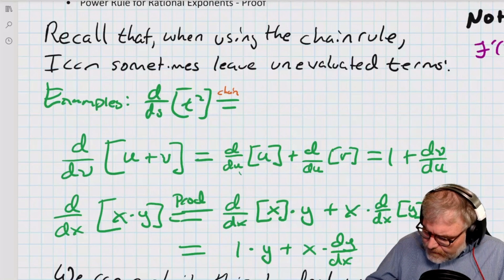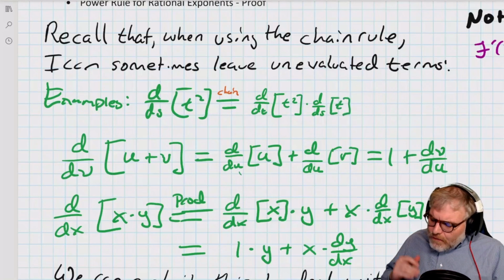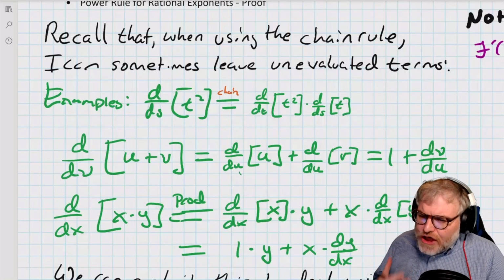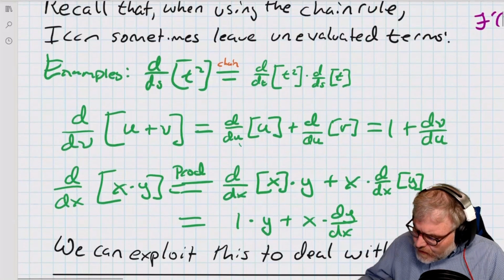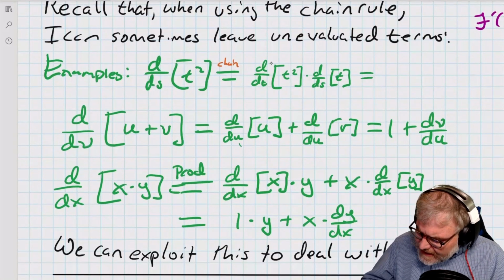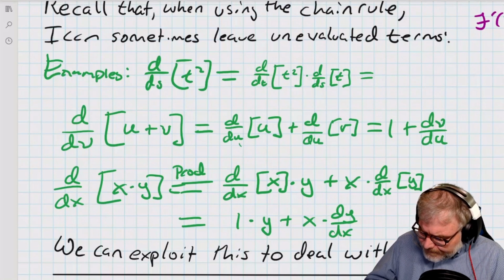So when I do the chain rule here, I'm going to do d over dt of t squared times d over ds of t. So when I did the chain rule, it allowed me to change the variable by which I was differentiating. Okay, so when I evaluate this, d over ds, I can't do anything with. I have to use the chain rule.